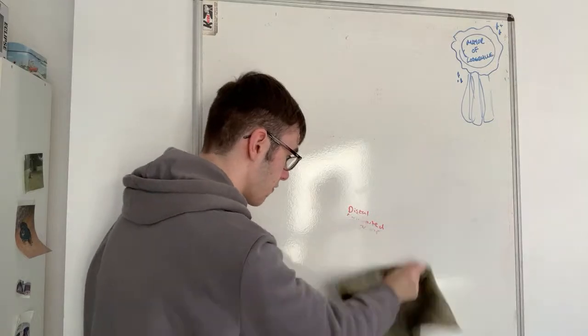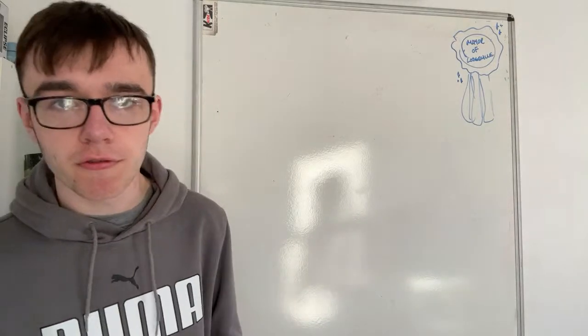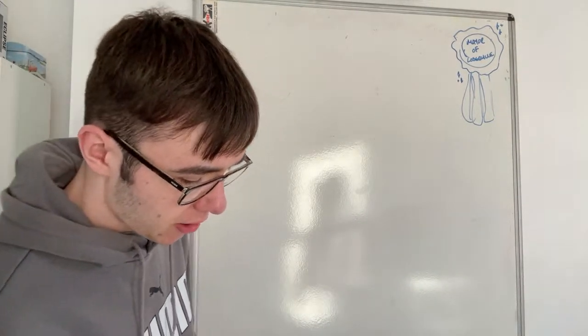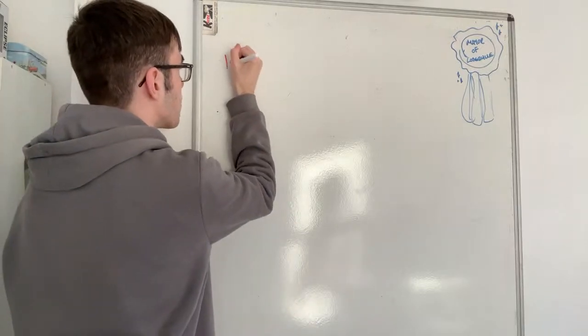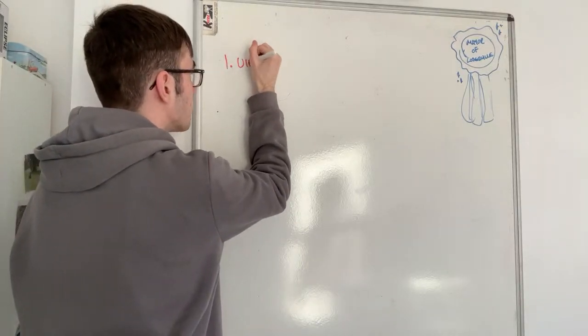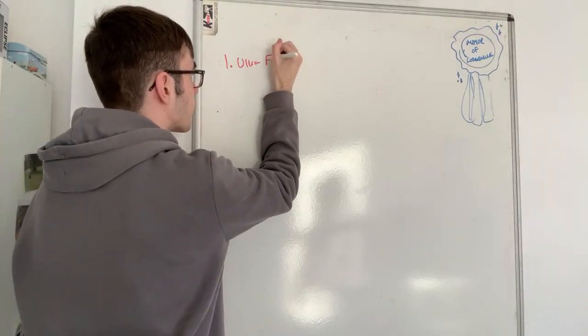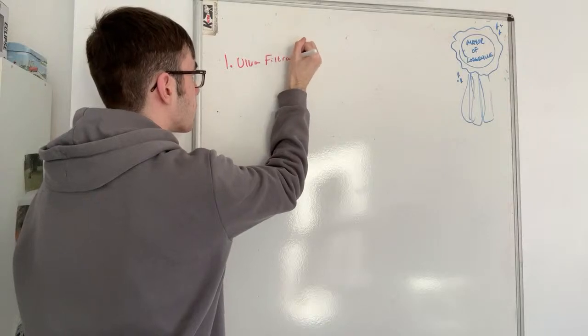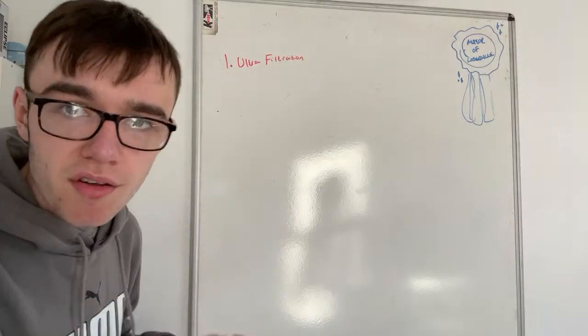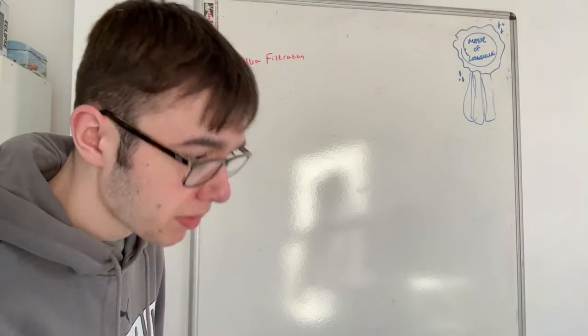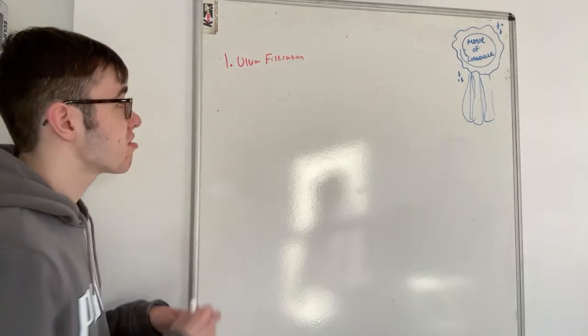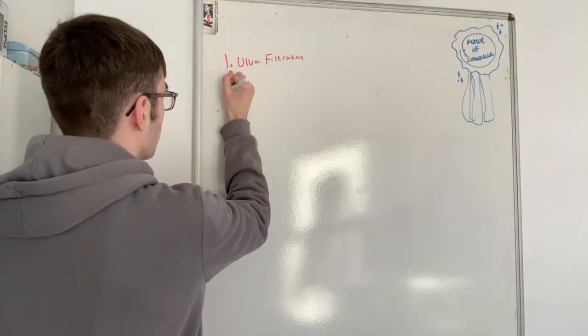So, 3 stages of filtration in the kidneys. First stage is going to be ultrafiltration. Now, if you get asked about this in an exam, you can get 3 easy marks just for doing the following.